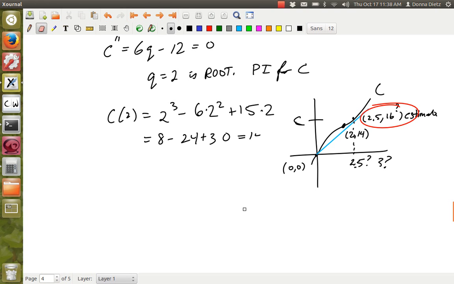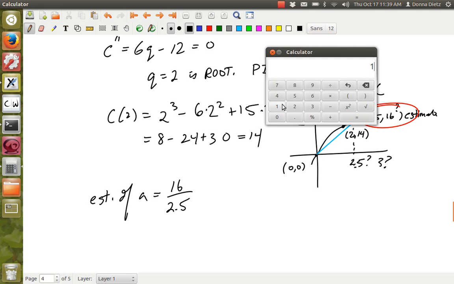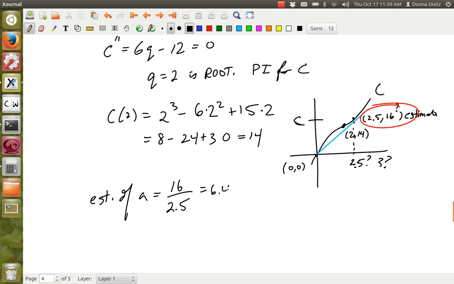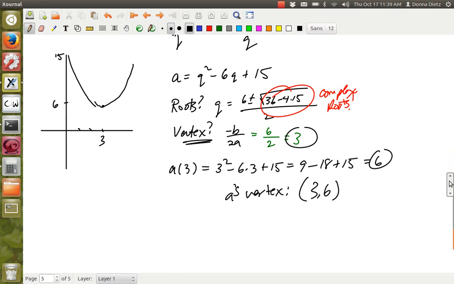Sorry about that. So the estimate of the average cost is total cost over 2.5. What is that? 16 over 2.5 is something like 6.4. So I would go back and fix that problem.